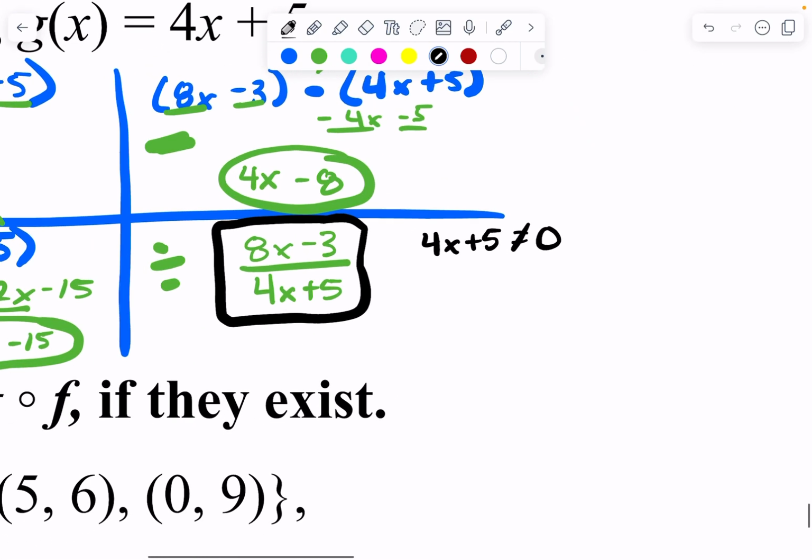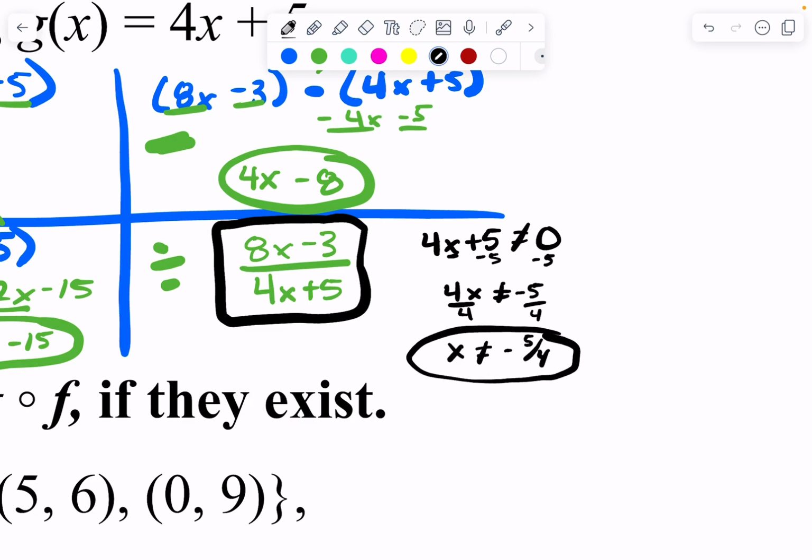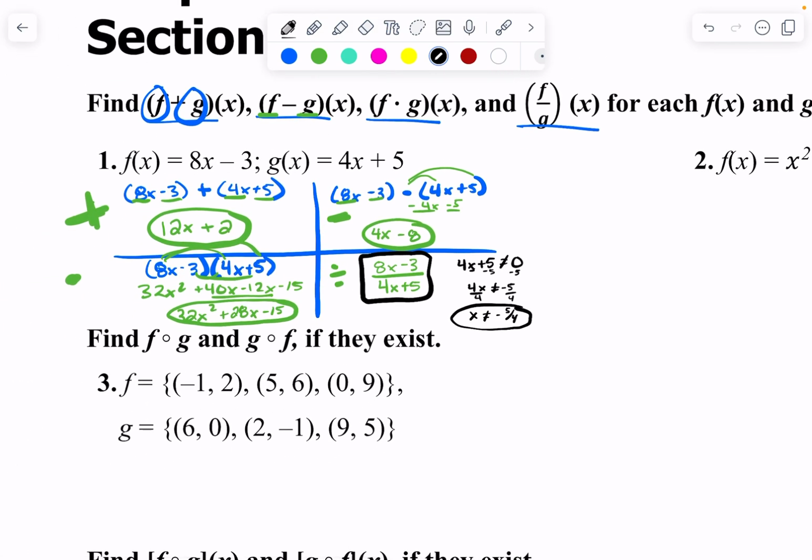So if I would solve for x, I would subtract that 5 over. 4x can't be negative 5, and then divide by 4. So x cannot be negative 5 over 4, which is like negative 1.25 or something like that. But that's what we need to have for our division. Okay, so the division itself, you can't do anything to simplify it, but you can say what x is not equal to.